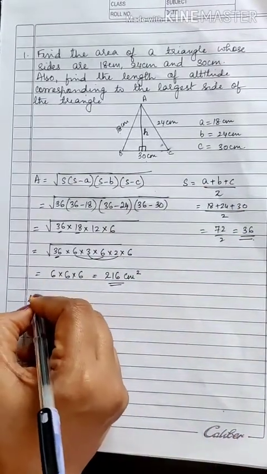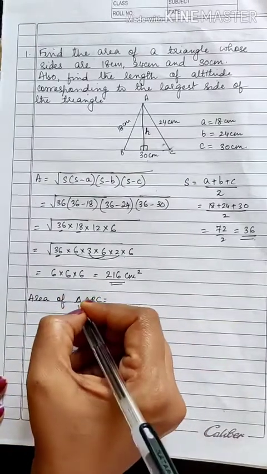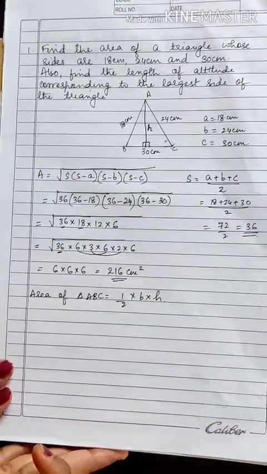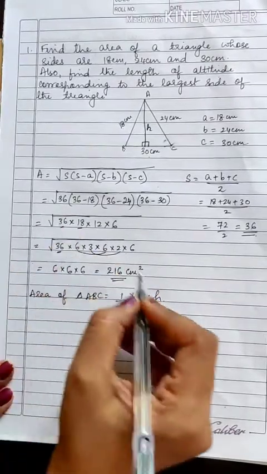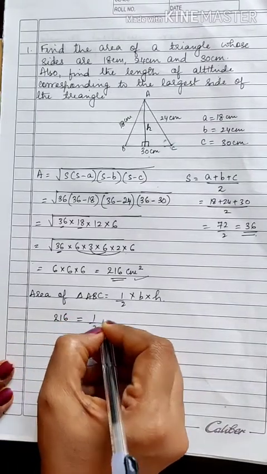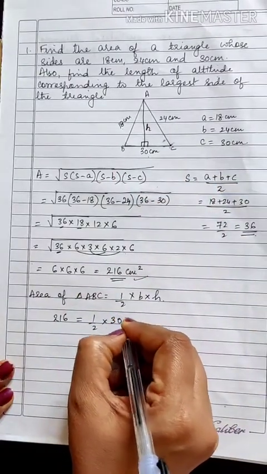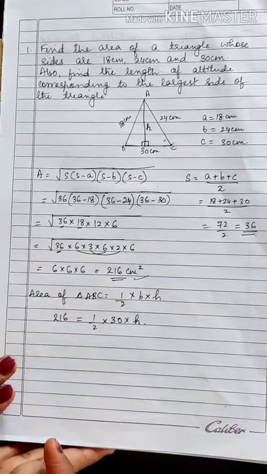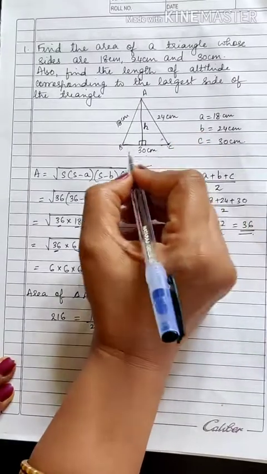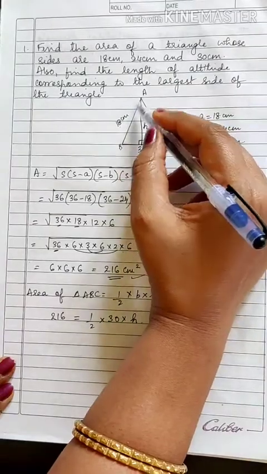So area of triangle ABC. You know the area of a triangle is given as half into base into height. We have already found out the area of the triangle, which is equal to 216 centimeter square. So half into, now the base for this is 30 and height you are supposed to find. Now when the base changes, the height also changes. That means the height corresponding to BC will be different to the height corresponding to AC and the height corresponding to AB.